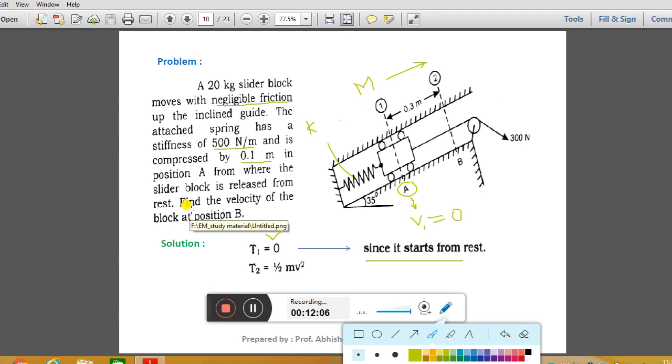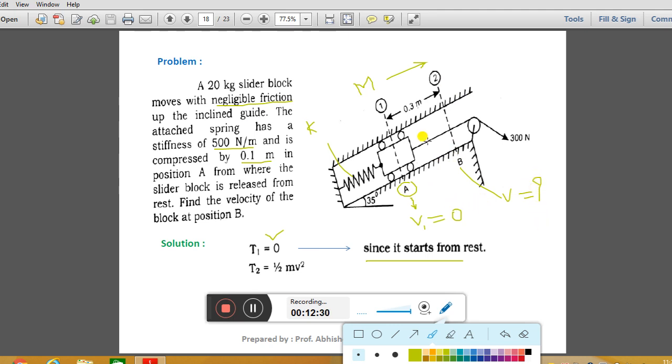Now we have to find the velocity of the block at position B, that means the velocity of the block at position 2. Let us assume the velocity at position B is V.